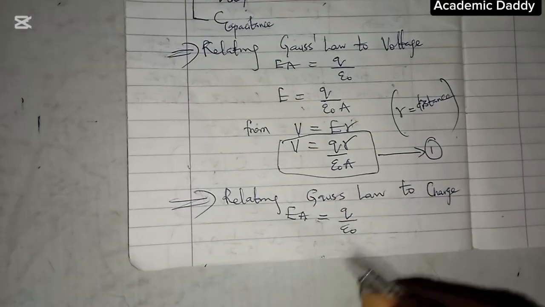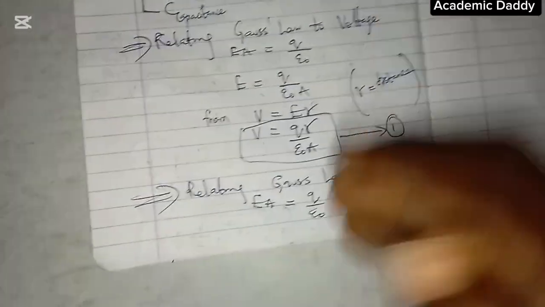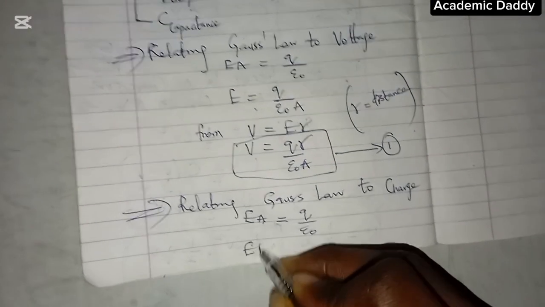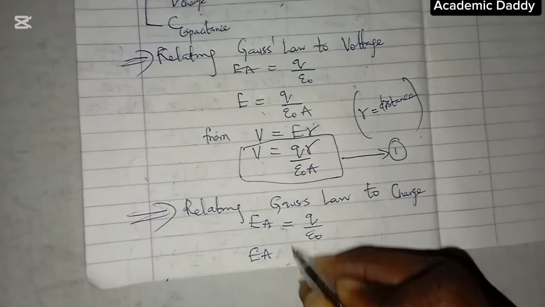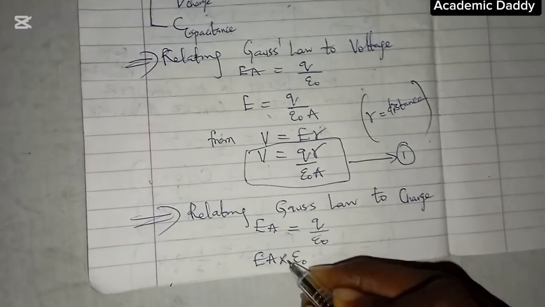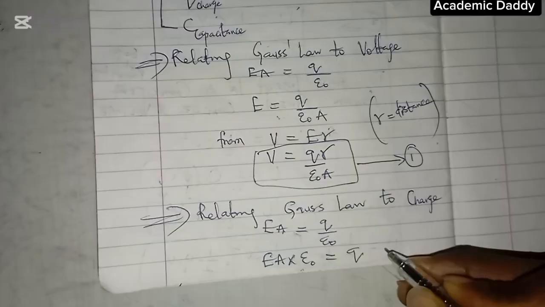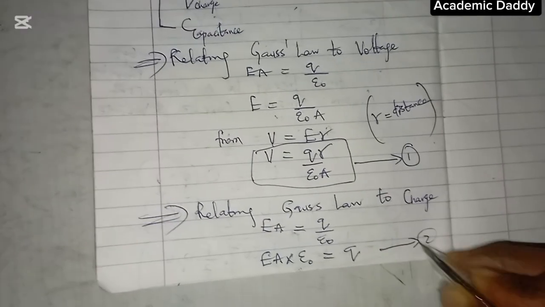If you remember, that's the theorem. Therefore, I'll now have EA times E naught equals Q. So that is the second one.